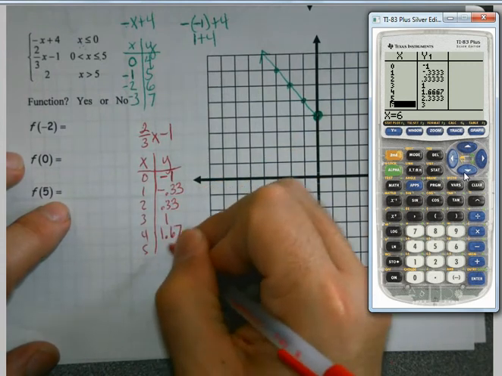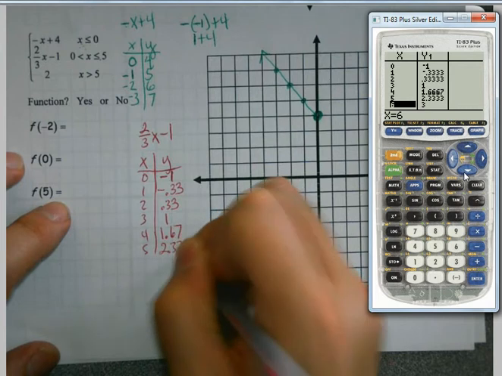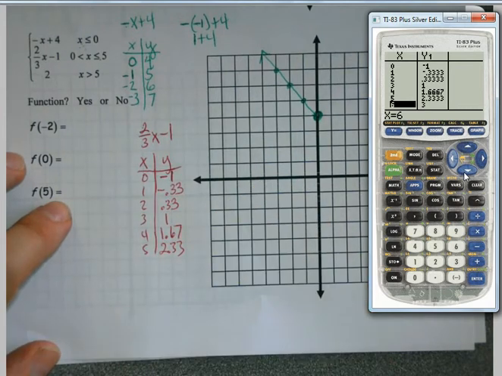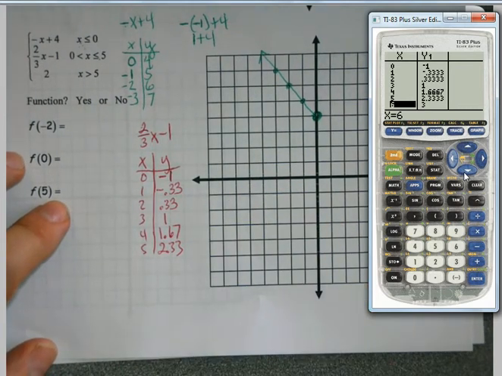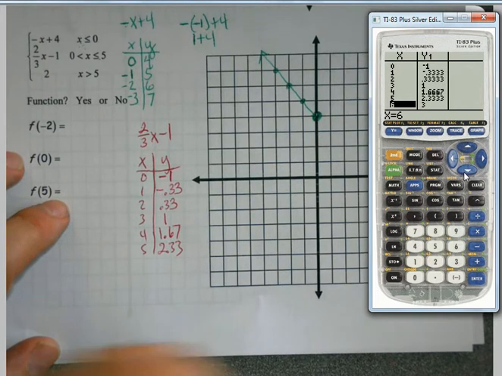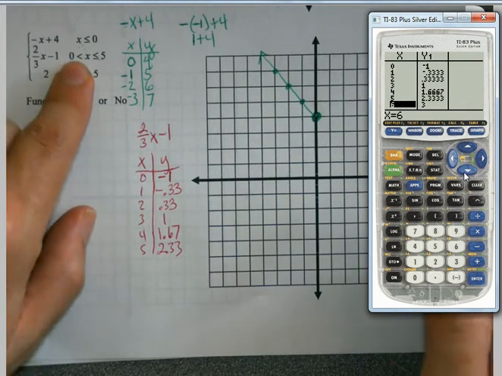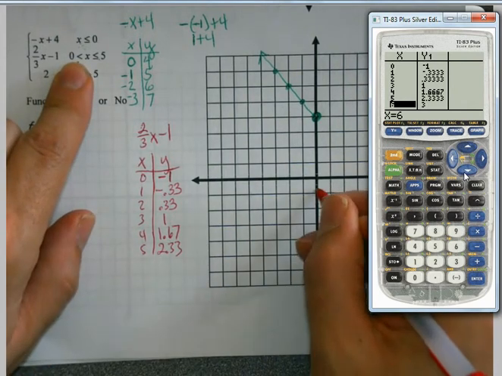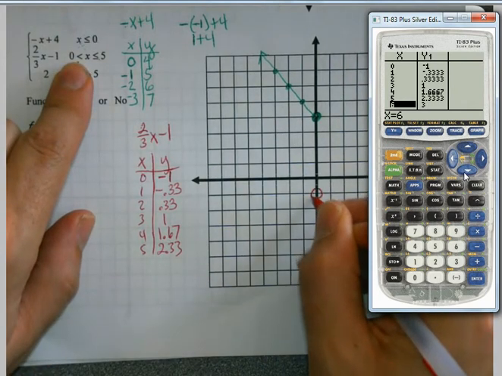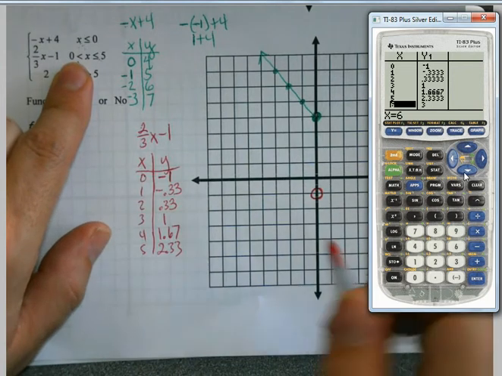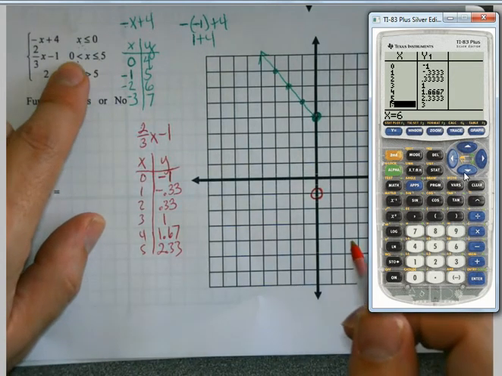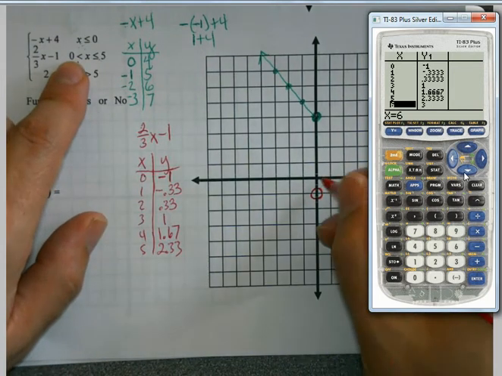So once I get those jotted down, basically all I'm going to do is copy those points down and connect the endpoints. The only thing I have to watch for is what's open and what's closed. So for instance, at 0, negative 1, that's going to be open because it's just x is greater than 0. So I plot the other ones.